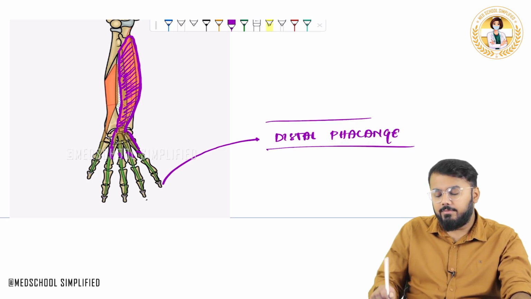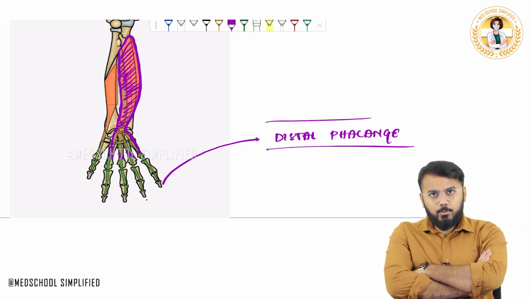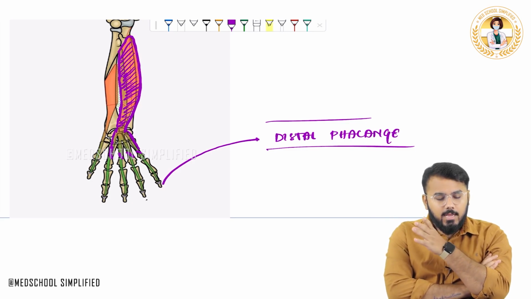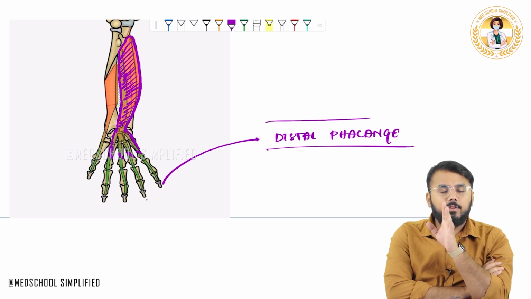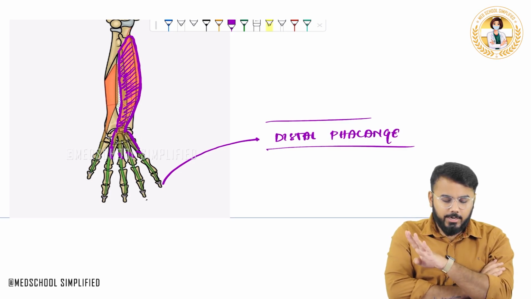So this is the key difference: flexor digitorum superficialis attaches to the middle phalanx and flexor digitorum profundus attaches to the distal phalanx. This is a very important thing you need to keep in mind. And how many tendons? Obviously, 4 tendons only.